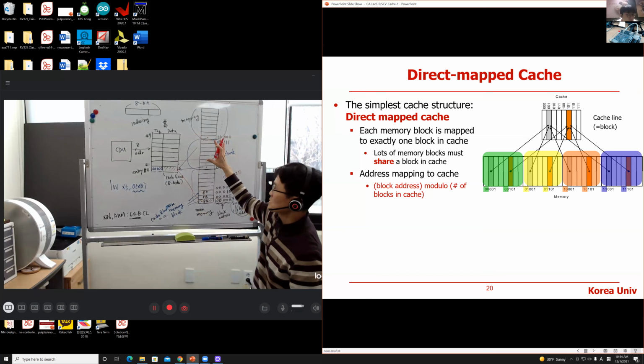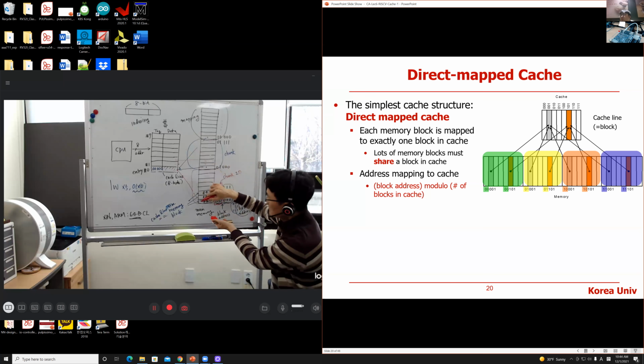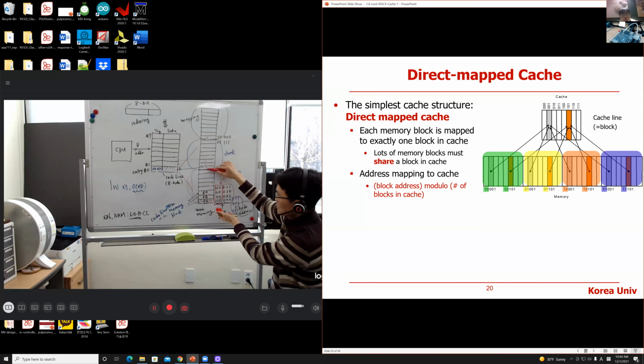So according to this mapping scheme, probably you don't have to record the whole 5-bit block address, right? Just record the upper 2 bits. That is the chunk ID. Ignore the last 3 bits in the block address. What is the last 3 bits? That is the offset within that chunk, right?